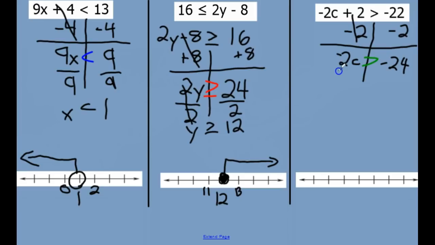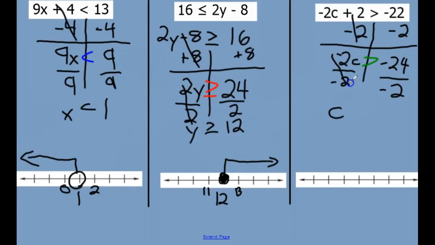Okay, now we need to get rid of this negative 2, so we divide by negative 2. Those will cancel out. We're left with c.